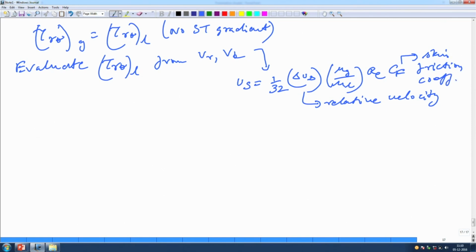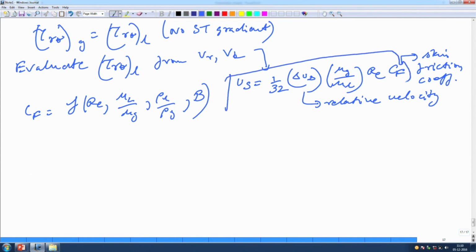Now, this skin friction coefficient in turn is a function of the Reynolds number, mu L, mu g, of course, rho L, rho g, and it also depends on the Spalding heat and mass transfer numbers. This is simple common sense. Intuitive sense should tell you that if this is the velocity profile that we get at the surface, then it must be dependent on these parameters.